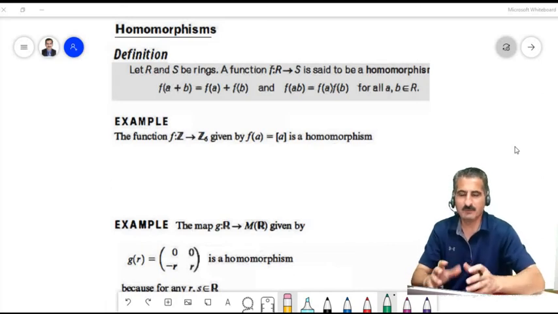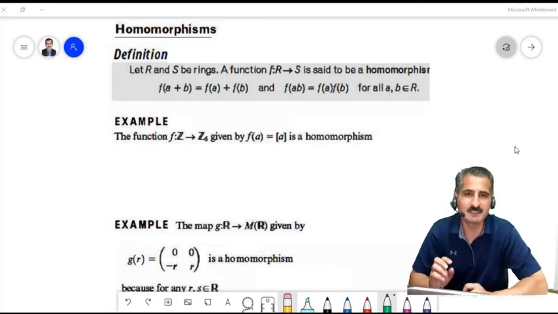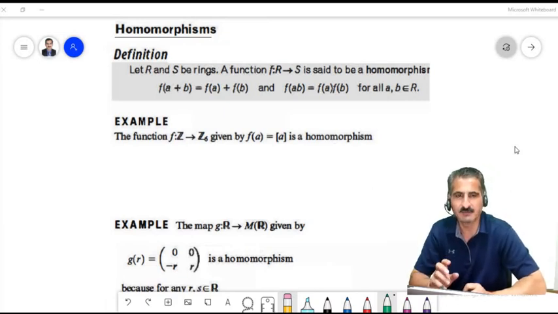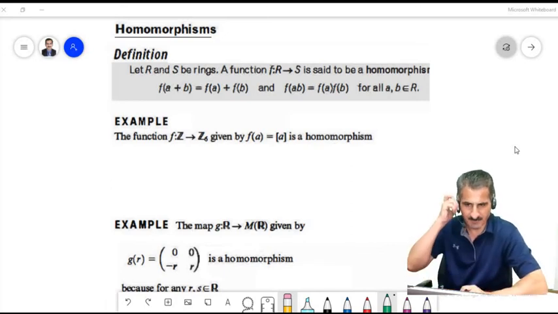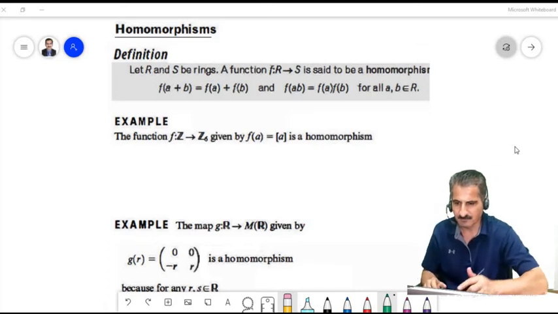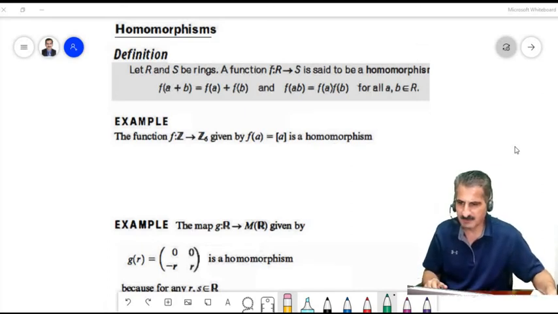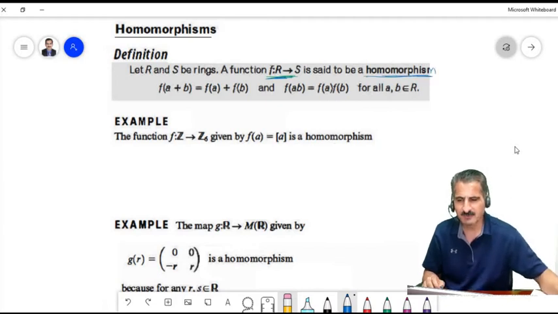Now we go to homomorphism. Homomorphisms are a more general case than isomorphisms. Let's see what that means. If f is a function from a ring R to a ring S, then it is called a homomorphism if we require the distribution over the operations.